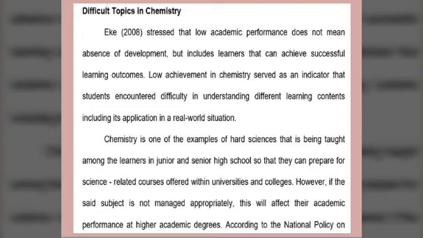Chemistry is one of the examples of hard sciences that is being taught among the learners in junior and senior high school so that they can prepare for science-related courses offered within universities and colleges. However, if the said subject is not managed appropriately, this will affect their academic performance at higher academic degrees.